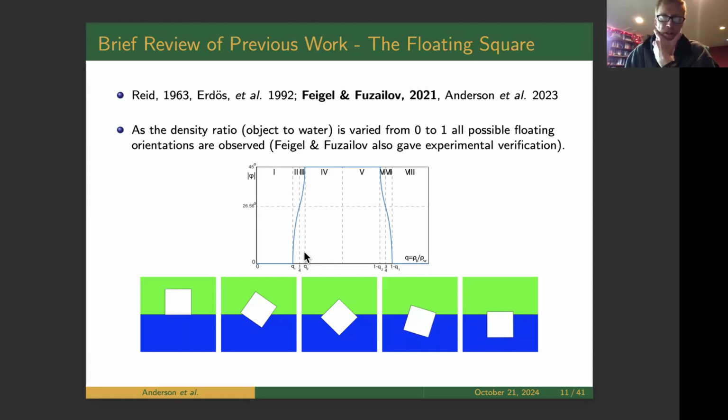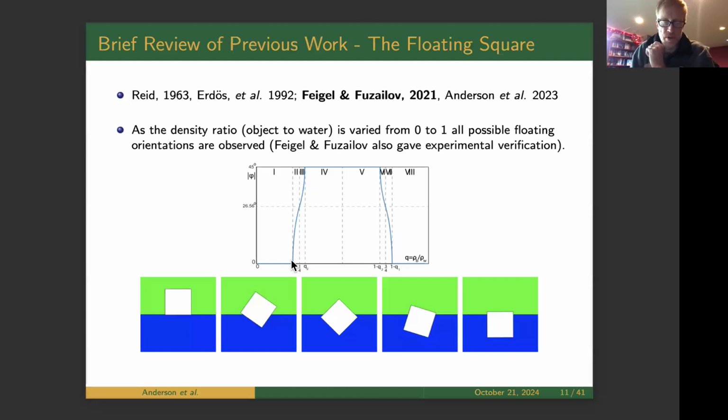But for the square, there are also these transition regions near density ratio 1/4 and 3/4, where you get that whole range of orientations from 0 to 45.